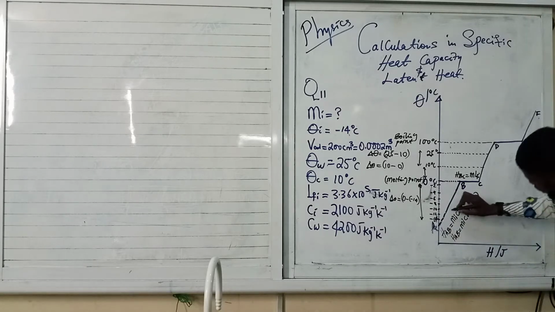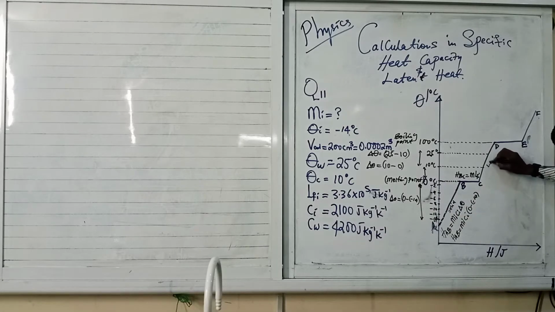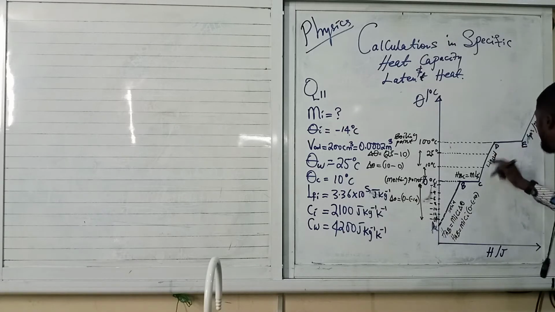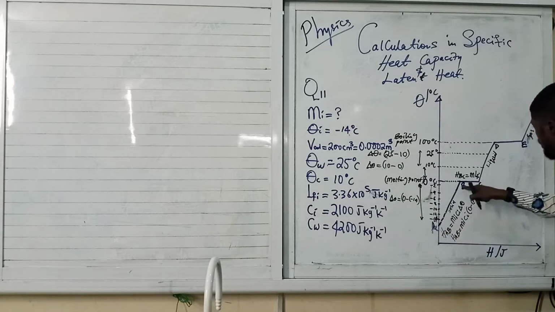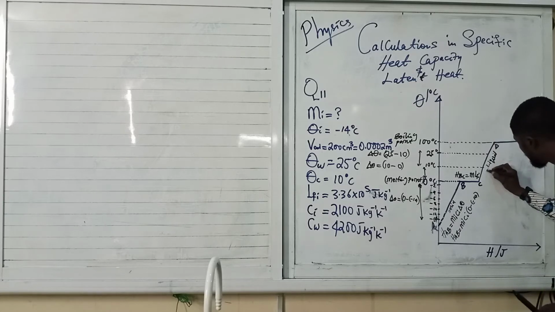So we say that AB is solid, then liquid, gas, or steam. Do you get it? So now this is what will happen. Let's call this ABC, let's call this C prime.